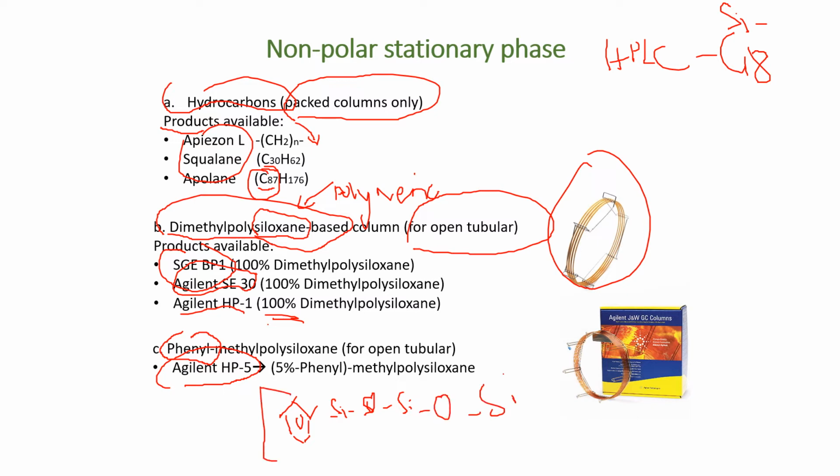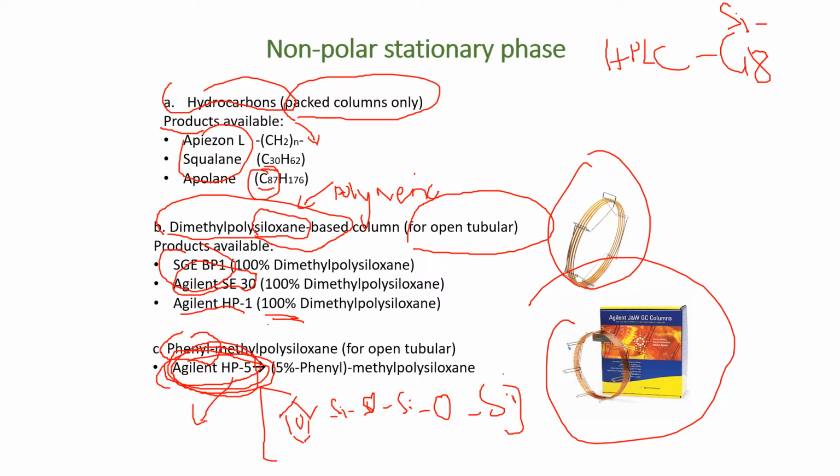Do you remember where you saw this Agilent HP5 during your lab? This is in Madam Fariza's lab. HP5 is very common in any lab, because on top of non-polar, it can also separate mid-polar. Meaning that if it is used for alcohol, it still can separate it.